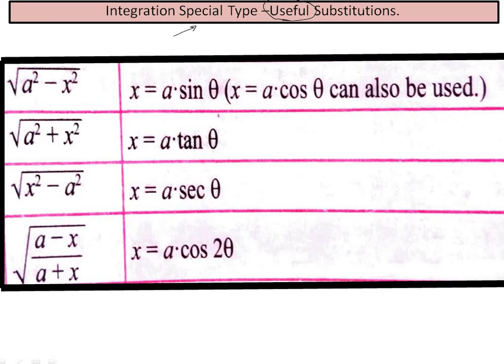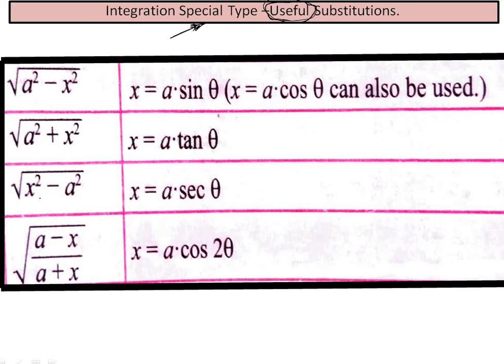Now when we are studying the integration of special type, these are some useful substitutions. Means what? Whenever in the example there is a square minus x square, we put x equal to a sin theta. Whenever there is a square plus x square, we use x equal to a tan theta.